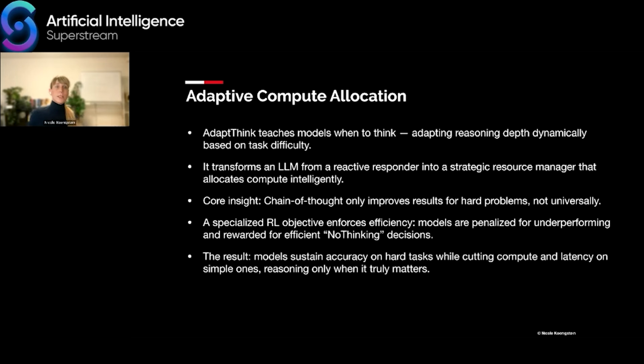So it teaches the model to adapt the reasoning depth dynamically to the task difficulty. And this, of course, transforms the LLM from a mere reactive responder into more of a strategic resource manager that allocates compute more intelligently. So you save costs with that again.